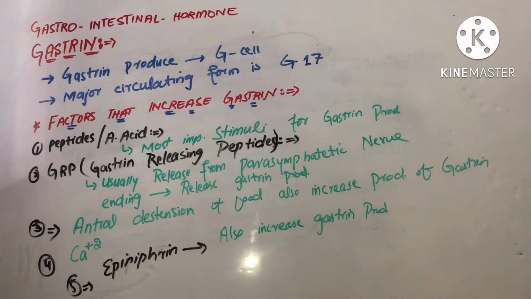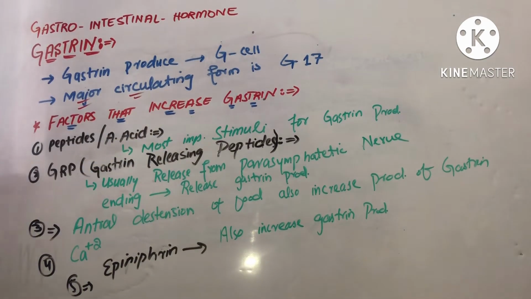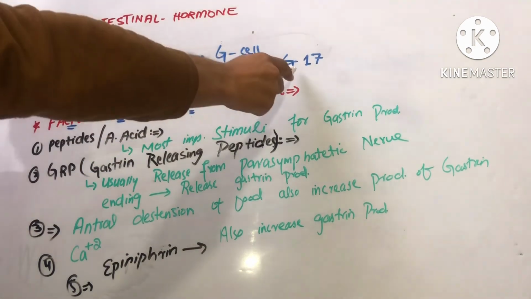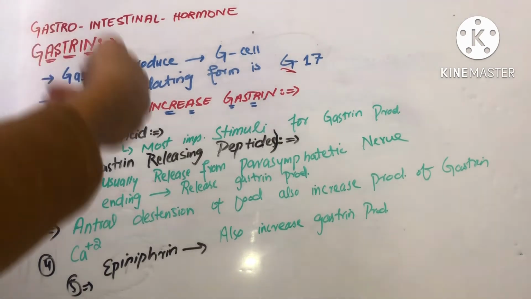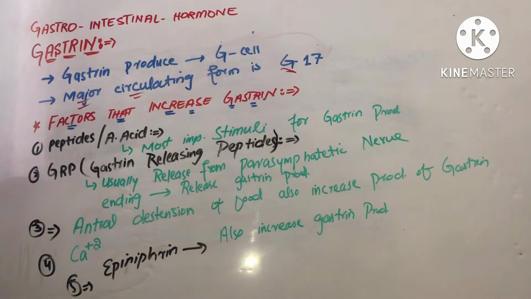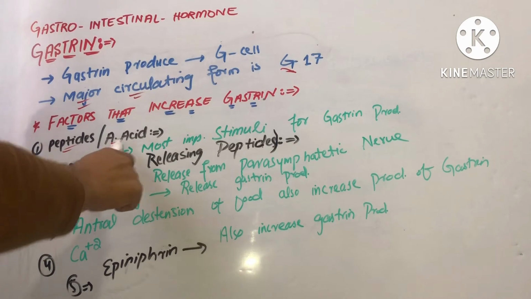As we already know, gastrin is produced by the G cells. The major circulating form of gastrin is G17. Now we will discuss the factors that increase the production of gastrin. Number first is peptides or amino acids.